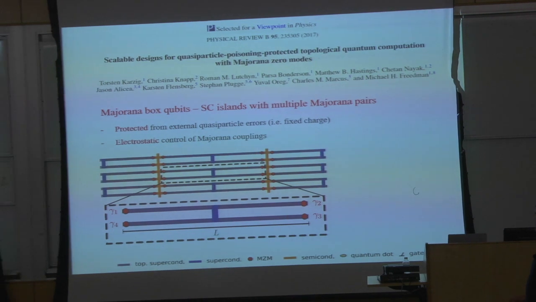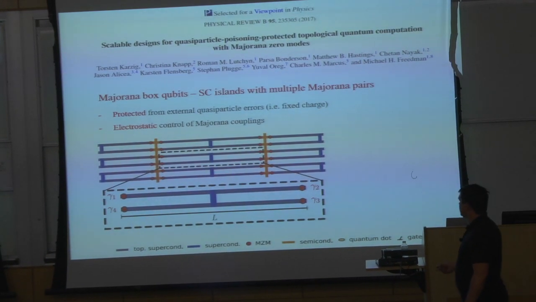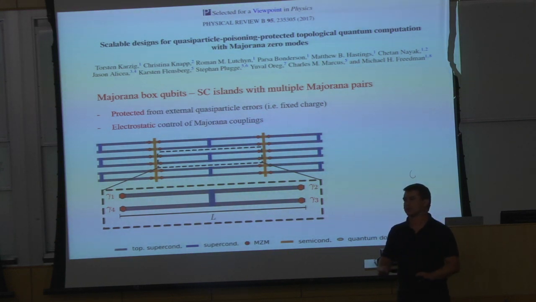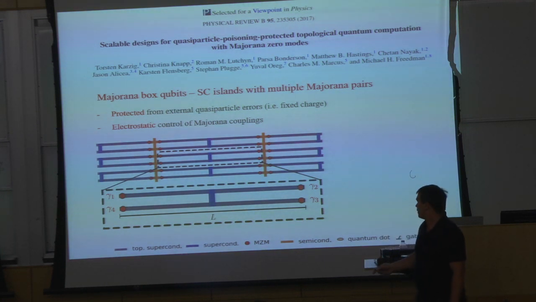The idea is very simple. It's shown here. We create a network of these semiconductor wires. We grow them, as I showed you, using this selective area growth technique, we can grow these networks. Then we deposit superconductors in the regions that we want. So this gray color corresponds to superconductor.